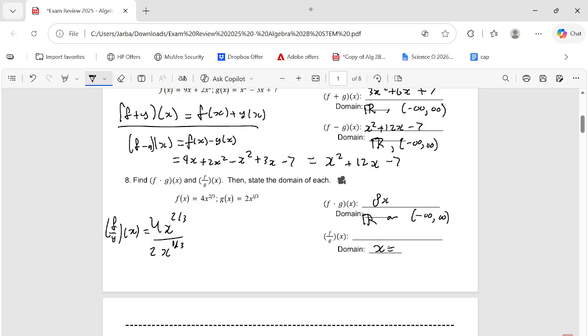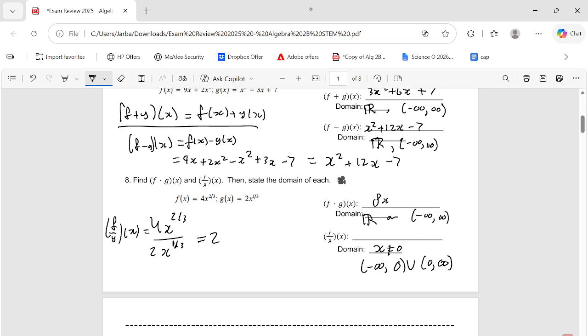So our domain is x is not equal to 0, or in interval notation, negative infinity to 0, union 0 to infinity. That just means everything from negative infinity to 0, but not including 0, and then from 0 to infinity, not including 0.